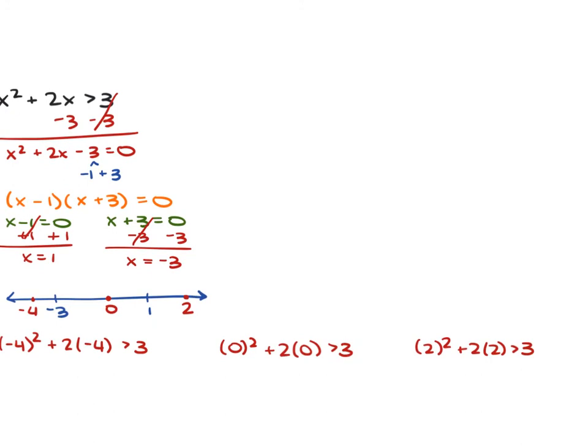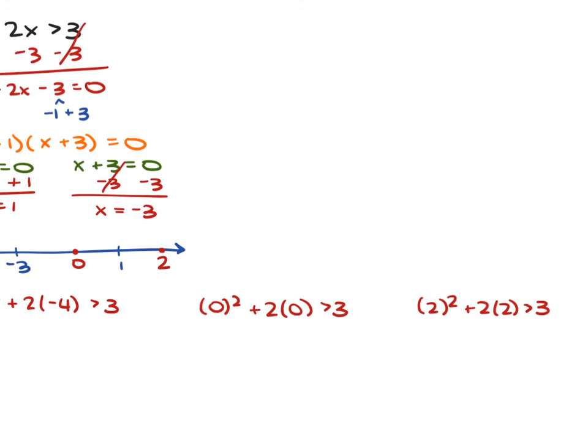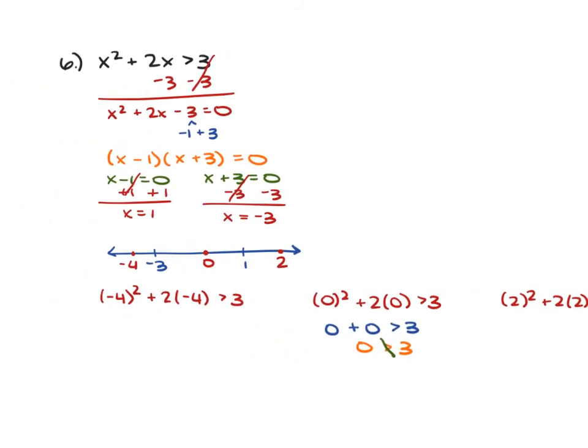I'm going to check my 0, my middle, first. So that 0 squared is 0, plus 2 times 0 is greater than 3. 0 plus 0 is greater than 3. That does not work. So I know that my outsides most likely will work.